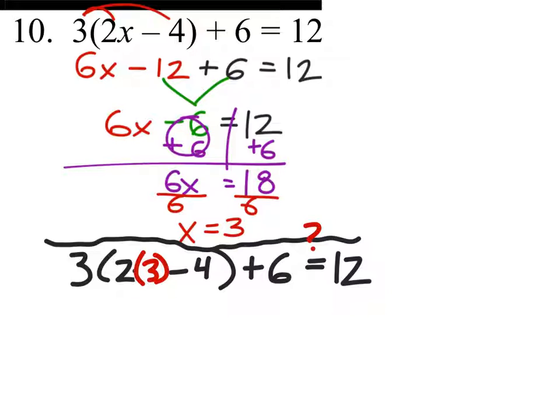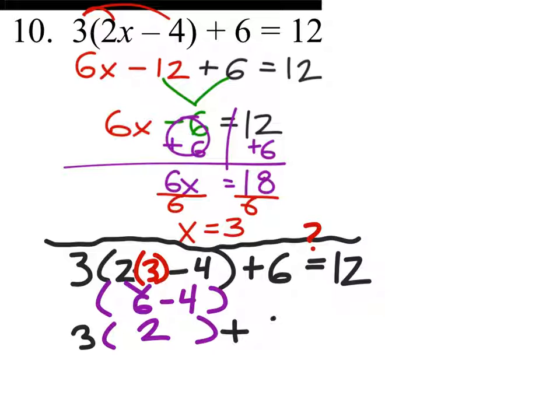This is just order of operations, and we're just going to make sure that this is a true statement. So, in the parentheses, I've got 2 times 3, which is 6. 6 minus 4 is 2. Now we still have the 3 and the plus 6, and this equals 12. So by order of operations we multiply these two, so we have 6 plus 6 equals 12.